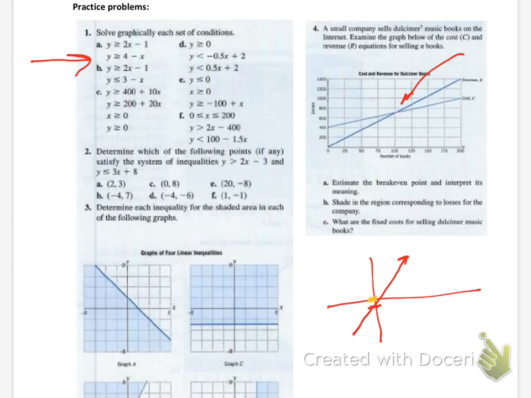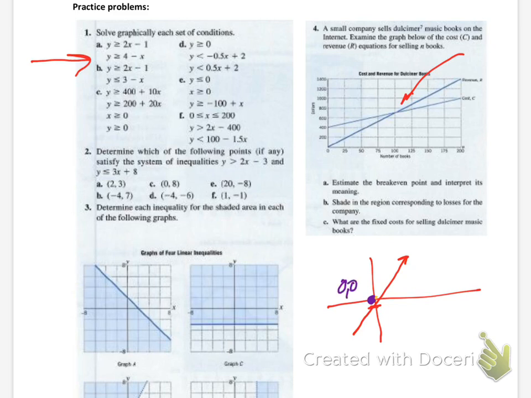Okay, so there's the point 0, 0, kind of an orange. Let me make that a darker color. Okay, so I'm making it kind of purple. There's my point 0, 0 right here at the origin. So what I say to myself, how do I know which way to shade this? I know that the line is part of my solution, but then do I shade up or shade down? So the purple point is the point 0, 0.